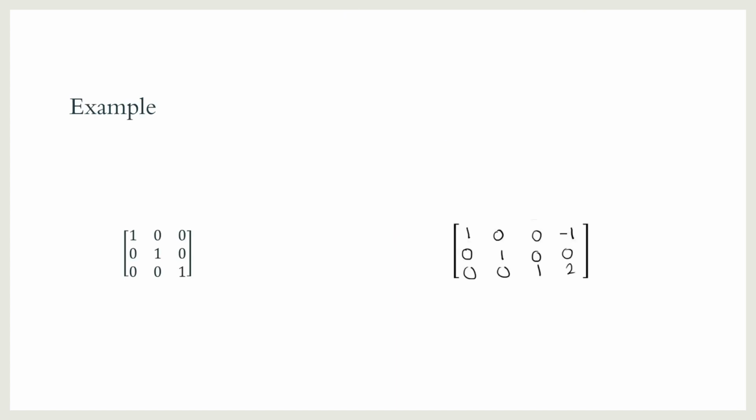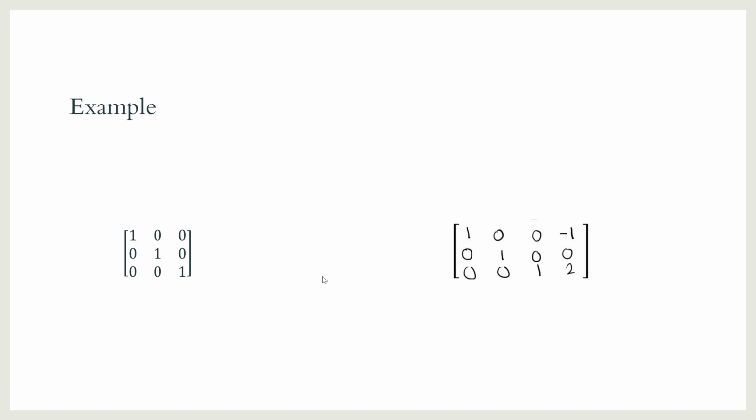We have two examples of reduced row echelon matrices. They both satisfy all 5 properties as they are not zero matrices. They follow the staircase rule. The first non-zero entry in each row is a 1.